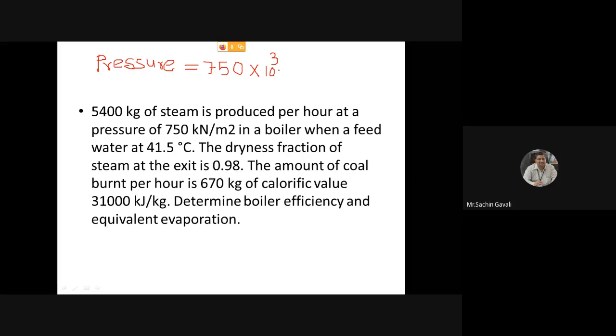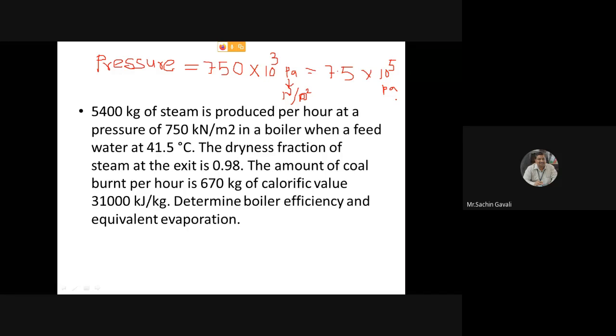Kilo means 10 raised to 3. Newton per meter square is nothing but Pascal. So basic conversion we should know. It will be 7.5 into 10 raised to 5 Pascal.